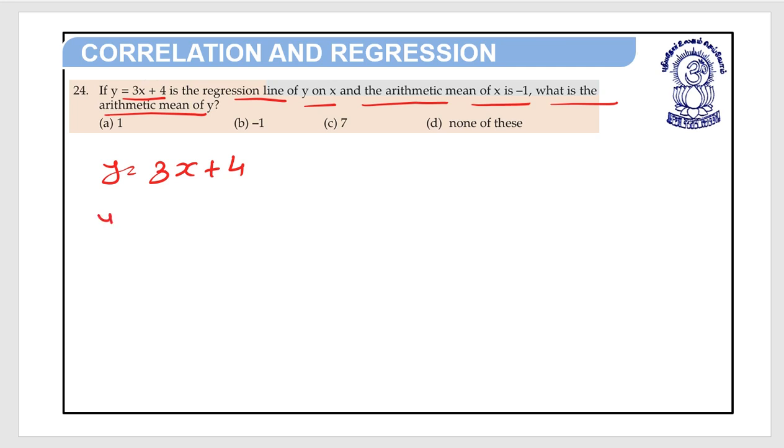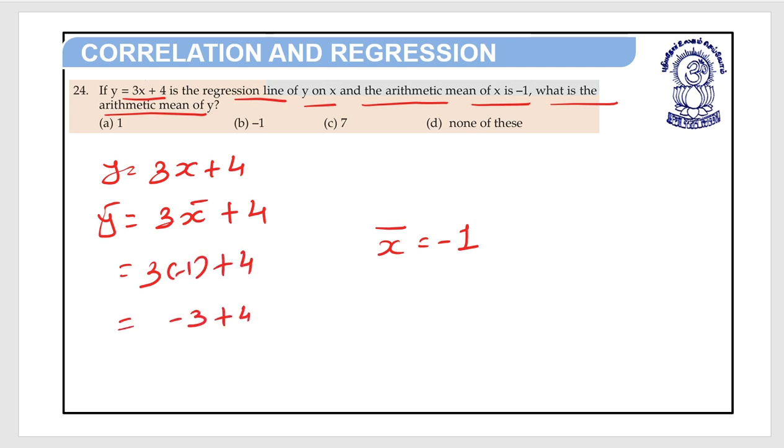Then the arithmetic mean y bar is equal to 3 x bar plus 4. Here the arithmetic mean of x is minus 1, x bar is equal to minus 1. Put into this: 3 into minus 1 plus 4, minus 3 plus 4. So y bar, the arithmetic mean of y, is equal to plus 1. Option A is the right answer.